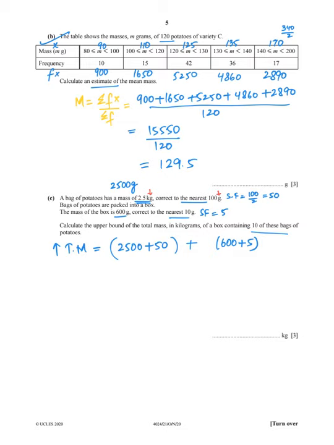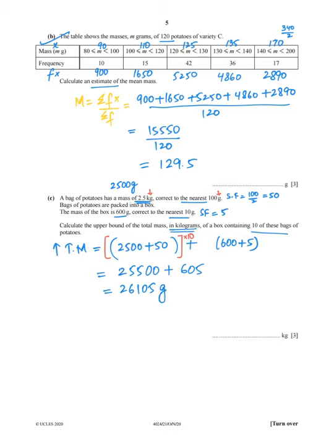Now we need to multiply the mass of the bags of potatoes by 10, because there are 10 bags. So 2500 plus 50, multiplied by 10, equals 25500, plus 605, so that equals 26105, but that is in grams.